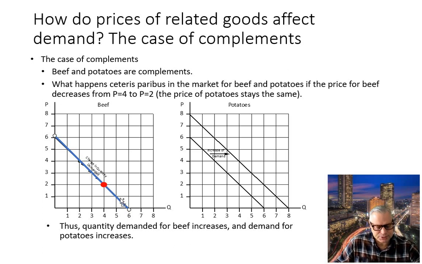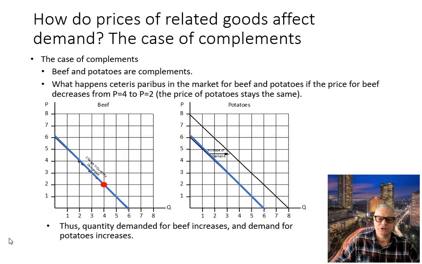But now, because people eat more beef, and they typically have beef with mashed potatoes, even if the price of potatoes stays the same, potatoes didn't get more expensive or cheaper, there will be more demand for potatoes. So when the price for beef goes down, quantity demanded for beef goes up and demand for potatoes goes up.